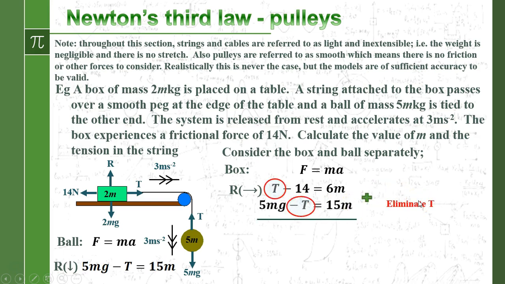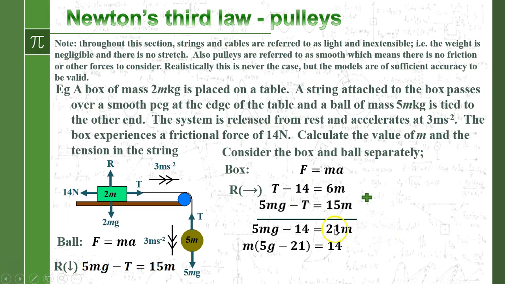So let's add them, those disappear, so we've got 5mg plus minus 14 equals 21m. All I've now got to do is rearrange and solve for m. So take the 21m over to that side, move the 14 over to the other side, bit of factorising, bit of dividing, and we end up with the value for m is 0.5.